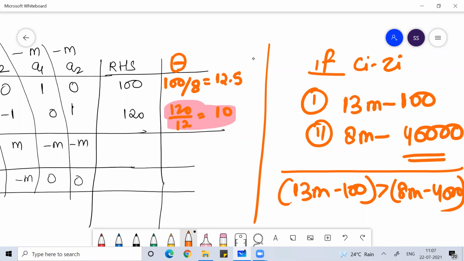The plus or minus next to that does not define which is bigger or smaller. So to determine which of these two numbers is bigger, you just need to see the coefficient next to M. I hope you are getting it.